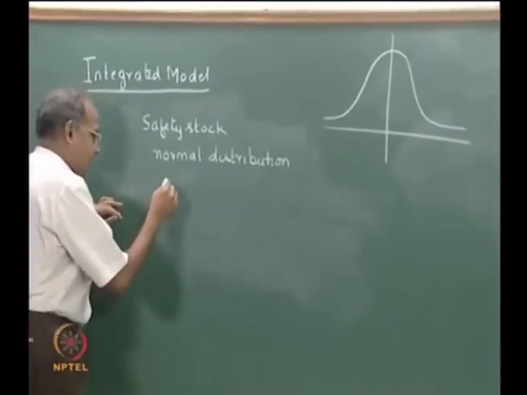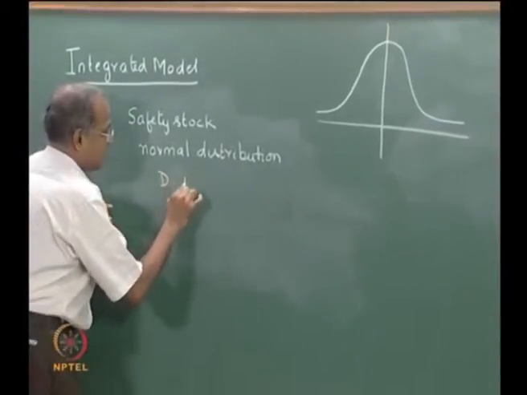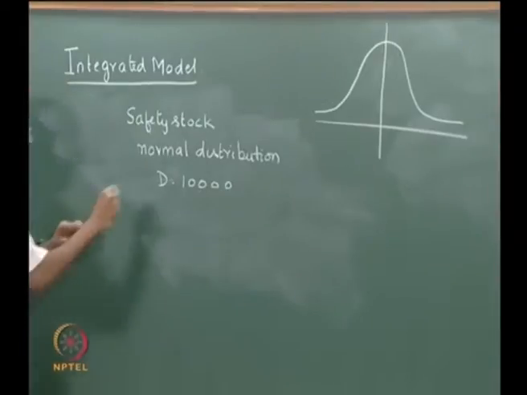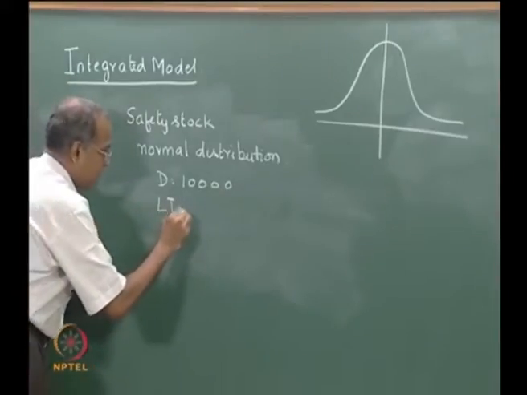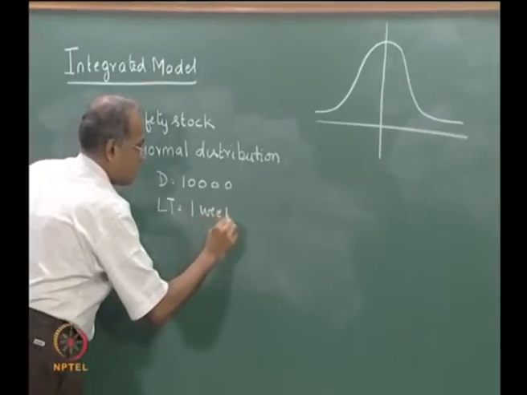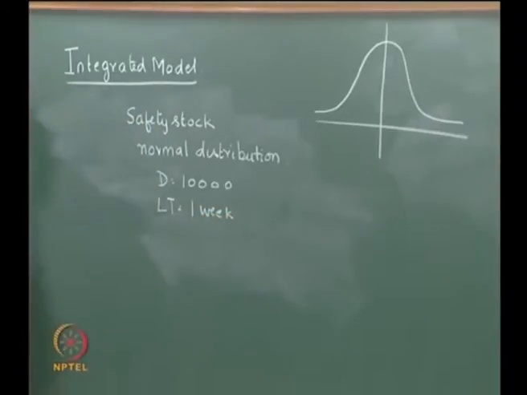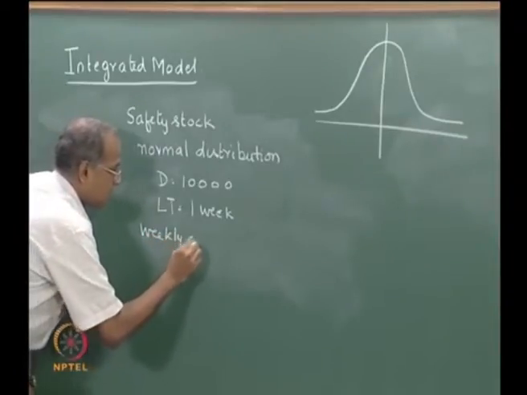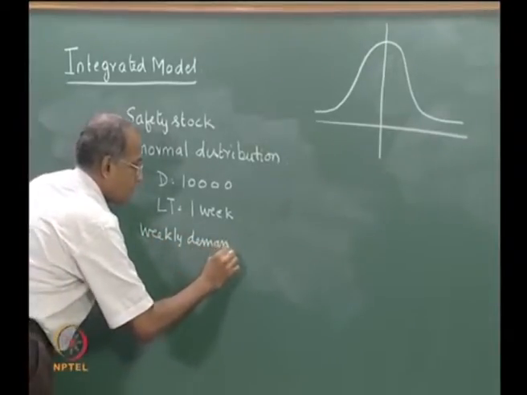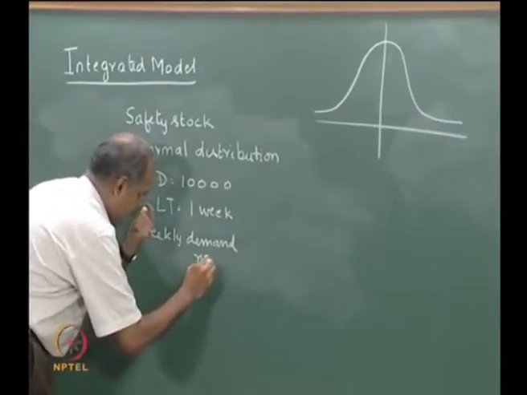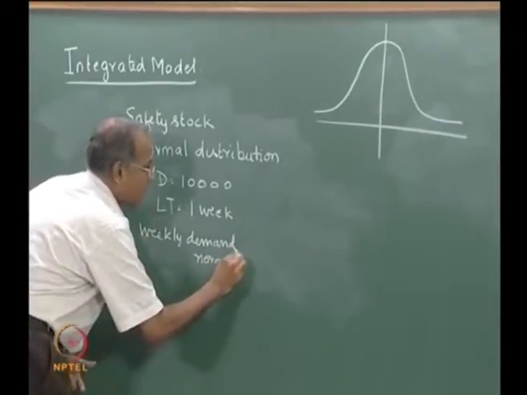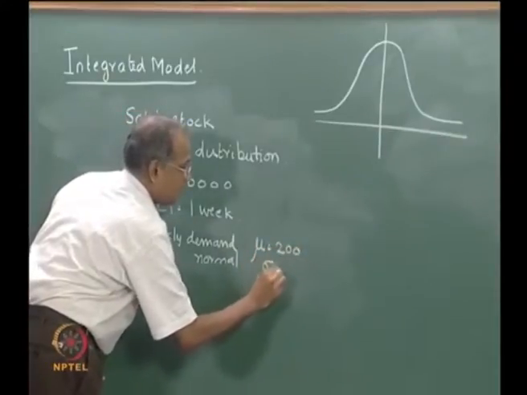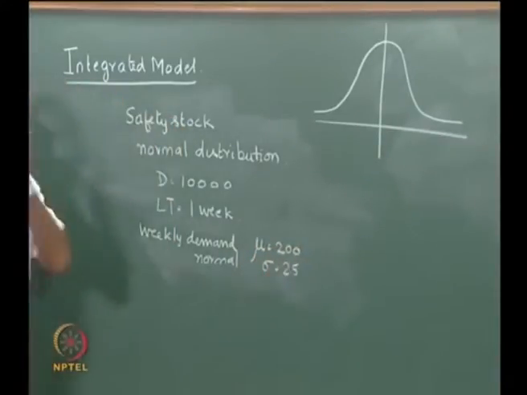We first said that the annual demand is 10,000, but we also said that the lead time is 1 week, and we also assumed that weekly demand follows a normal distribution with mean equal to 200 and sigma equal to 25.